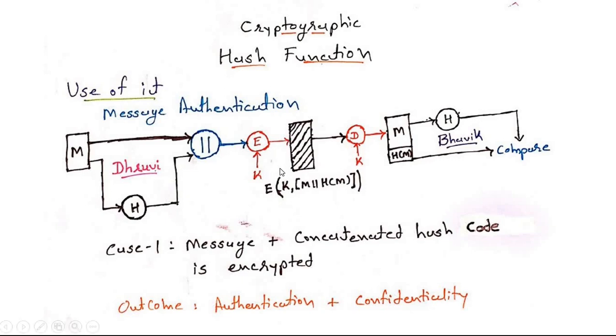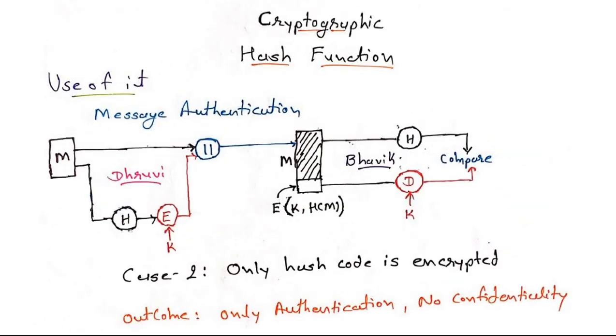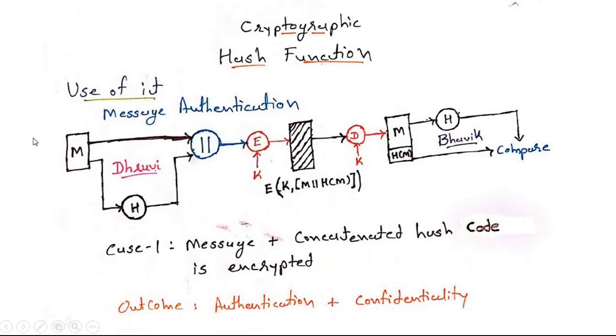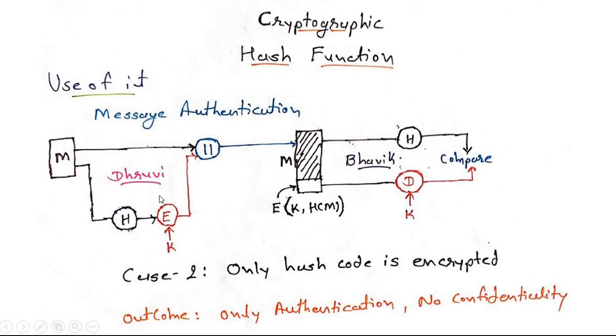So let's see now the second case. Here we are going to make a little modification. In our previous case, we encrypted the original message plus hash code. Right now we are going to encrypt the hash code only.